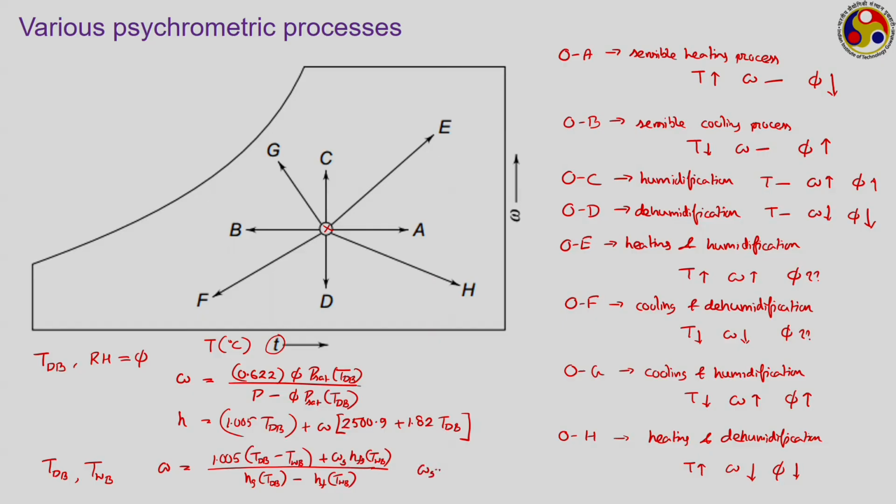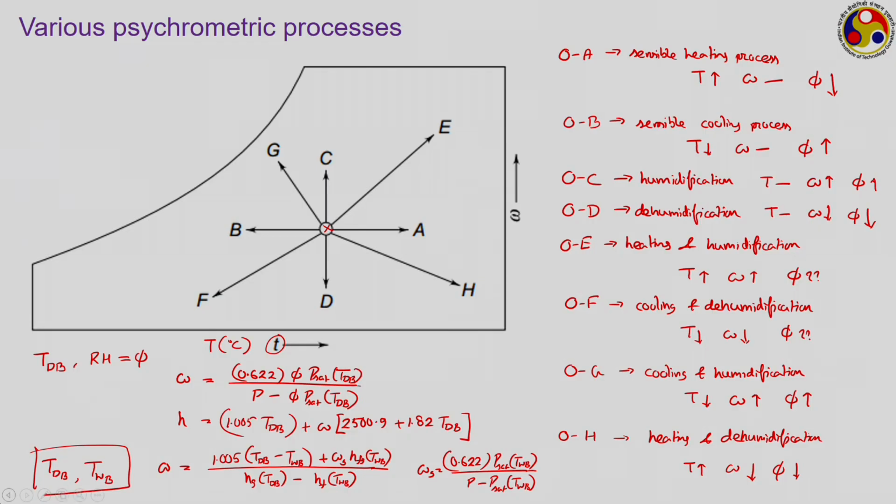Here omega s is the specific humidity corresponding to the wet bulb temperature point, which is 0.622 into the saturation pressure at the wet bulb temperature divided by P minus that saturation pressure. So, from the dry bulb and wet bulb temperatures you can get omega, and then successively enthalpy, specific volume, etc., or if you know the dry bulb temperature and phi, we can go for the same analysis.